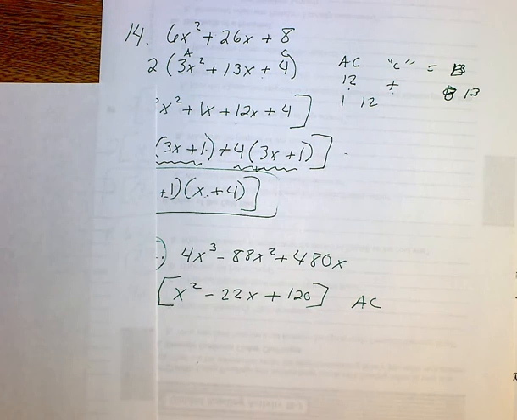When you have AC, it means 2 numbers multiplied together. So we're looking for 2 numbers multiplied together. This tells me what I'm going to do. When I add them together, it's going to equal what B is. And B is negative 22. So I need 2 numbers that multiply together to give me 120.